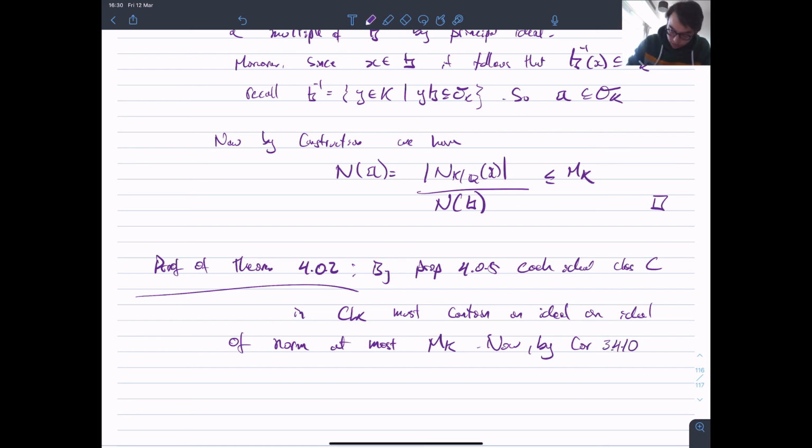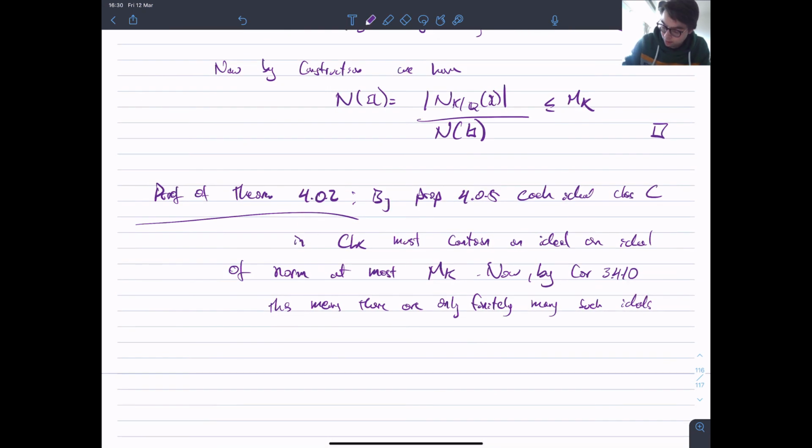This means there are only finitely many such ideals, thus only finitely many such classes. Thus only finitely many ideal classes.